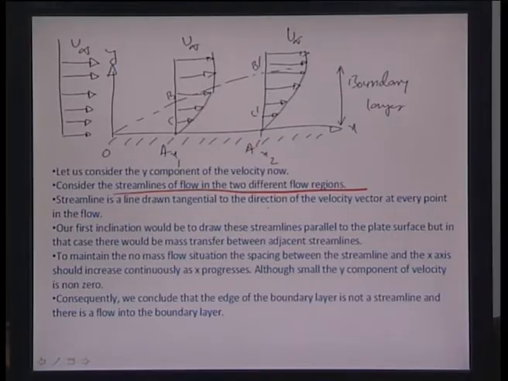So, let us consider the streamlines of flow in these two different flow regions. Flow region 1 here, which is the inviscid region, and flow region 2 here, which is the viscous domain. And so, what would we need to assume to maintain consistency? Our first inclination would be to draw these streamlines parallel to the plate, assuming that the fluid goes past the plate parallelly.